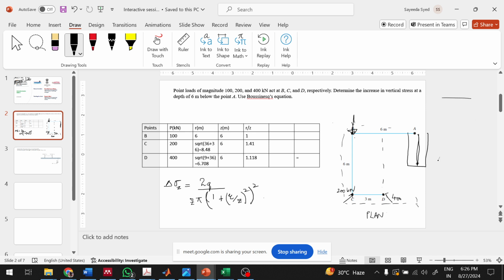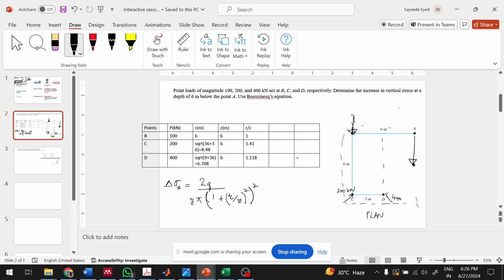When you talk about water, as you go deeper into the ocean, there is a lot of stress over this point because there is a column of water over this point, and the weight of this water will cause gravitational load over this point. Same goes with soil also. With the force of gravity, there will be a stress in the downward direction if we take this point due to the self load of the soil.